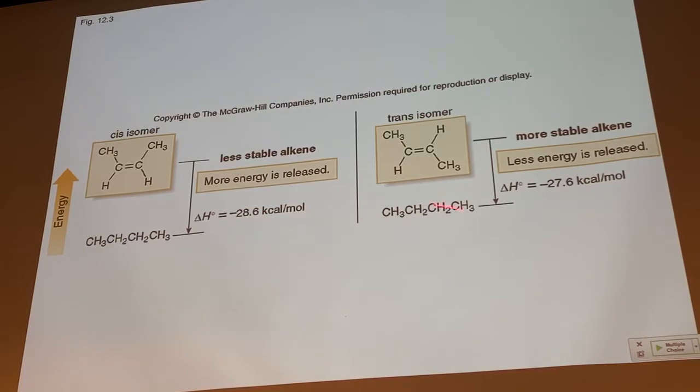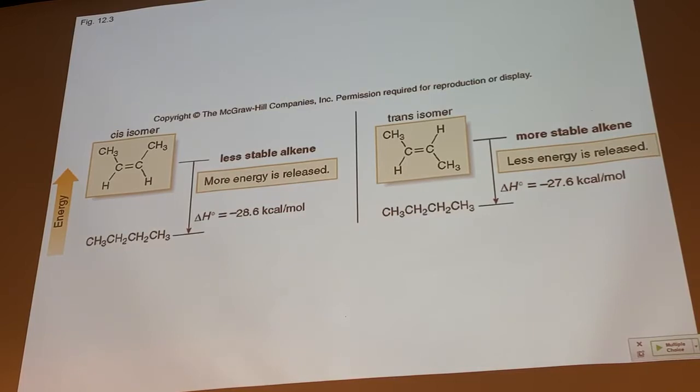If the products are the same, then any difference in the amount of energy that's given off is going to be directly related to the difference in energy of the starting materials. So the alkene that is higher in energy, that is less stable, is going to give off more heat in the hydrogenation reaction. And since we know that cis-alkenes are more stable than trans-alkenes, we would expect the cis-alkene to give off more energy, and in fact, that's what happens.